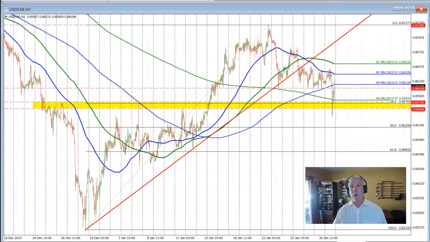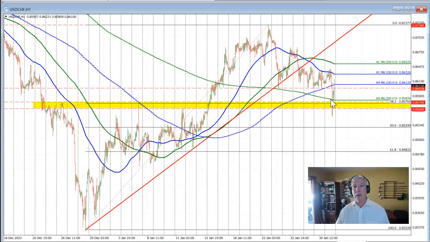Looking at the dollar versus Swiss franc, we did move sharply lower in trading today, breaking below the 200 bar moving average on the 4-hour chart and this swing area right through here, down to 0.8566. But the momentum could not be sustained, and we started to move back above the 200 bar moving average on the 4-hour chart. We also moved above the 100 bar moving average on the 4-hour chart, but fell short of the 100-hour moving average.